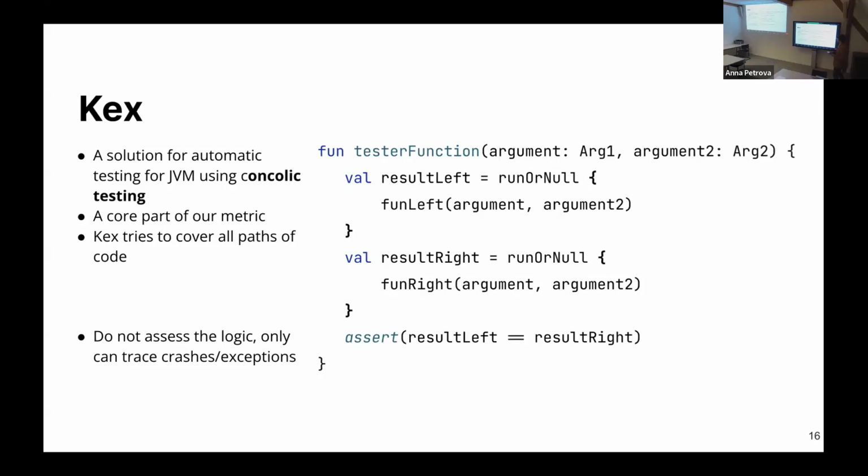Using concurrent testing with a tester function, we call the two functions, left and right, and check that their results are equal. Why have we done this? Because KEX couldn't assess the logic. It only traces that, by running the program, no exception was thrown. So we need some way to check the function logic.